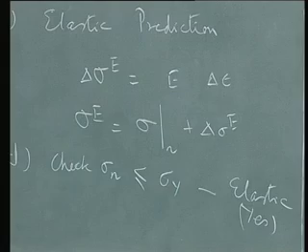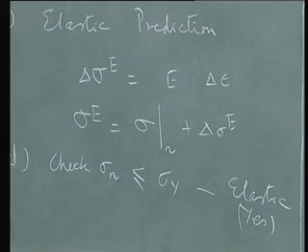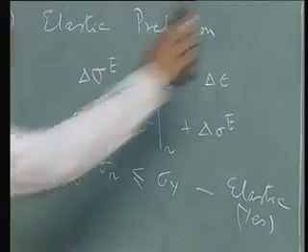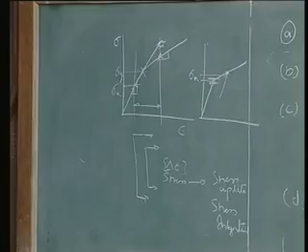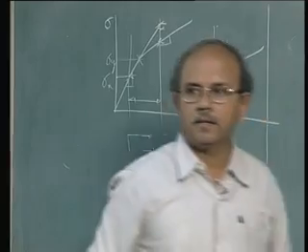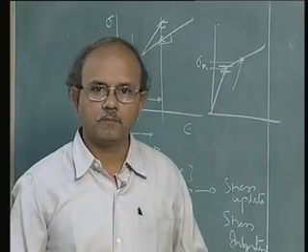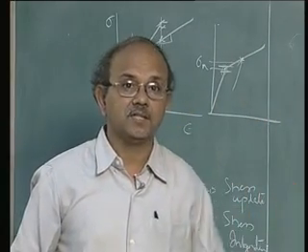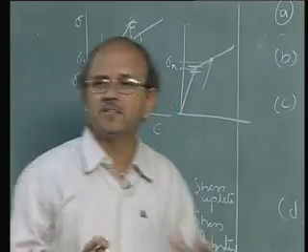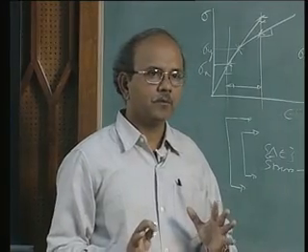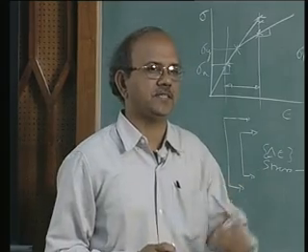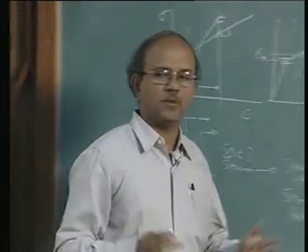Then we check sigma e and see whether sigma e results in a plastic state or elastoplastic state. Why am I calling this elastoplastic? Why is it that I am not saying just plastic state? I can say that as well.